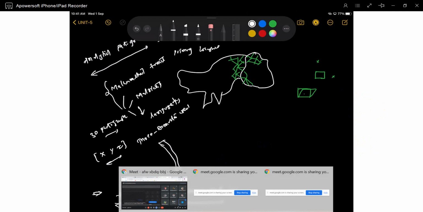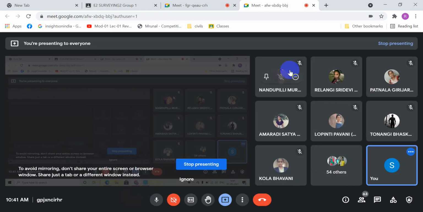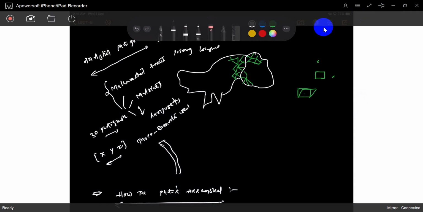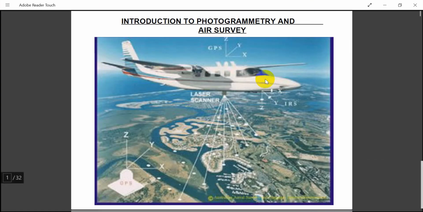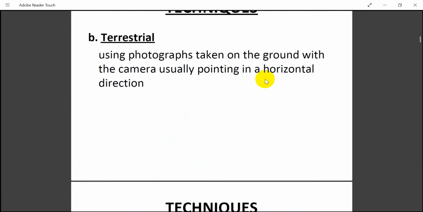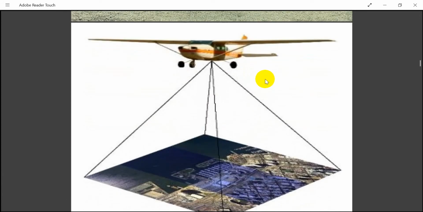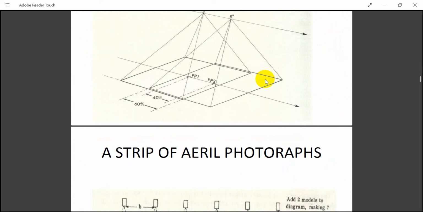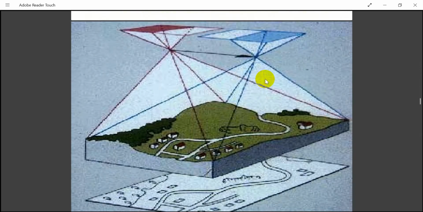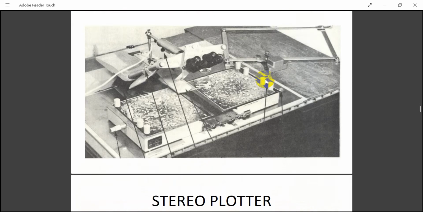I will show certain things today. These are aerial photographs. You can see the stereo plotter.